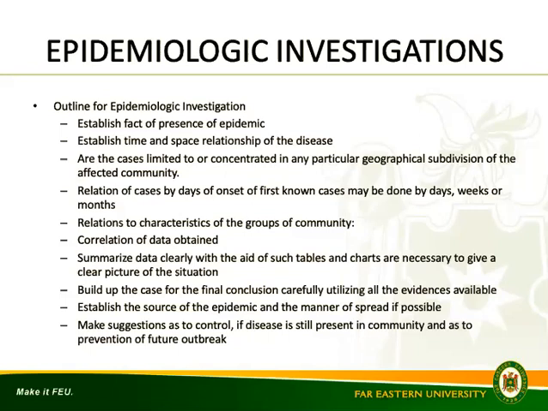Like, for example, relations of cases according to age groups, sex, color, occupation, school attendance, past immunization, or relation to sanitary facilities, especially water supply, sewage disposal, general sanitation of homes, in relation to animal or insect vectors, or it could be relation to milk and food supply, or maybe relation of cases to other cases and known carriers, if any. And then the correlation of data is obtained.